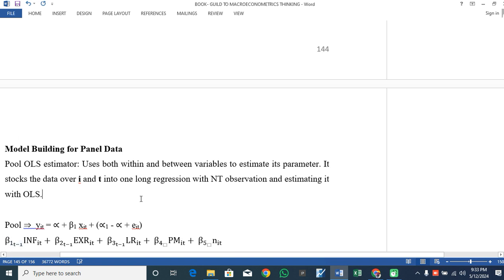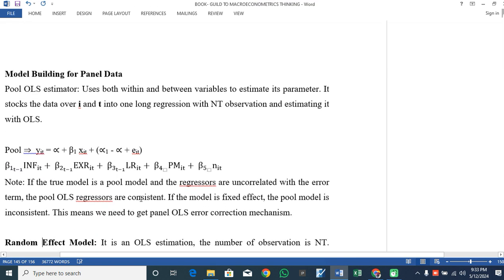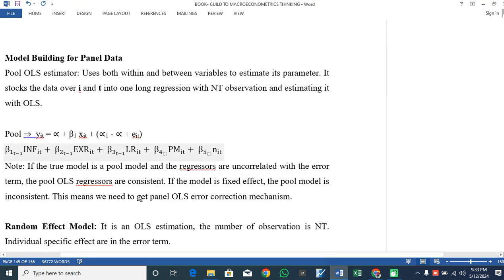So basically, building models in panel data requires an intuition of how panel data estimations are supposed to be. Recall in my previous video, I told us panel data is a combination of time series and cross-sectional data.